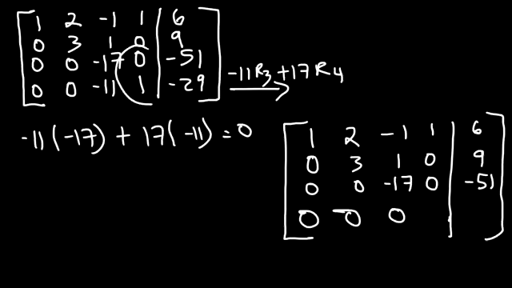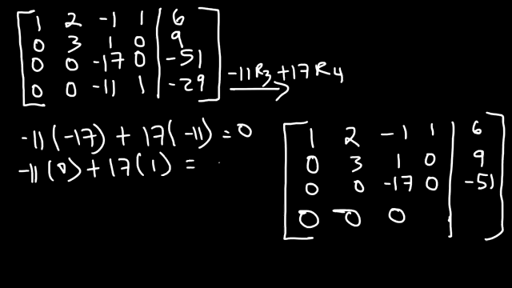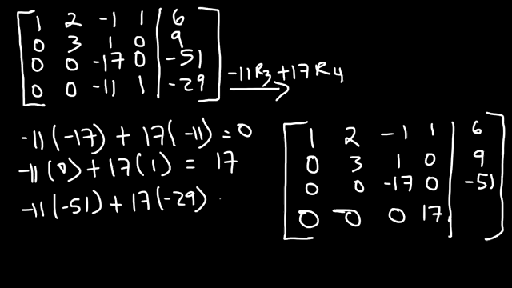Now, for column 4, R3 is 0 and R4 is 1. So this is just going to be 17 times 1, or 17. Now for the last column, we may need a calculator. R3 is negative 51 and R4 is negative 29.